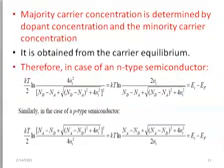Now, the majority carrier concentration is determined by the dopant, that is the amount of impurity introduced, whether phosphorus, group 5, or boron, group 3, or any of the group 5 or group 3 elements. And if you want to obtain the expression for that carrier concentration, you will take what we call the carrier equilibrium, and this is given by these two expressions.